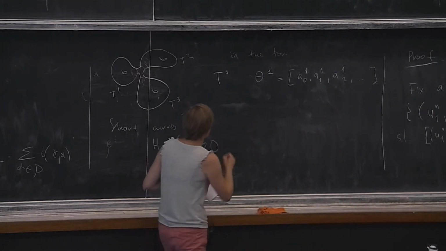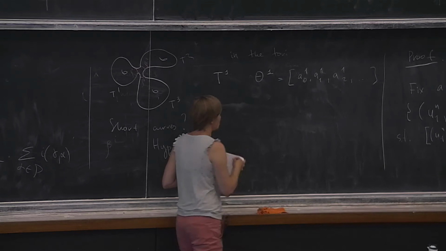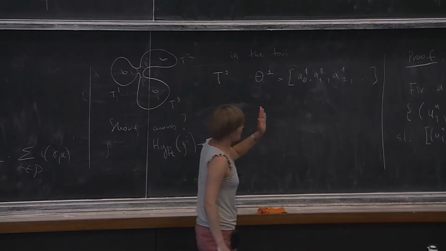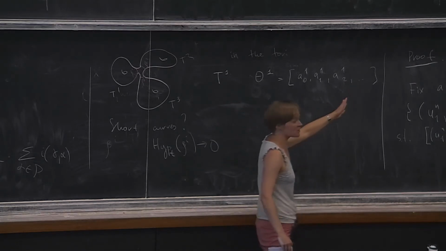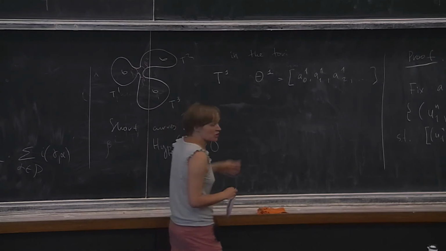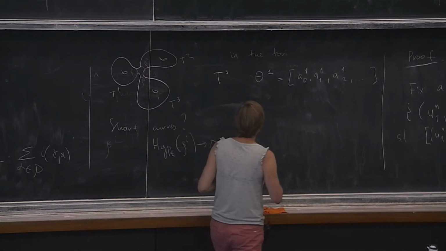And so, you know that if you go until coefficient n, and then you look at the corresponding rational number, that's called a convergent of theta 1.